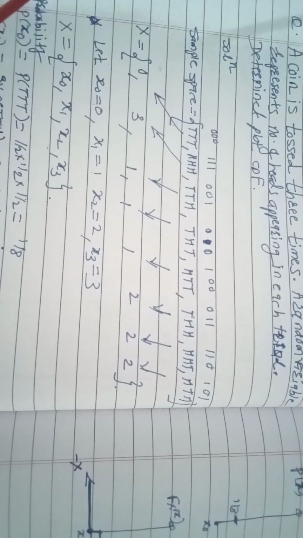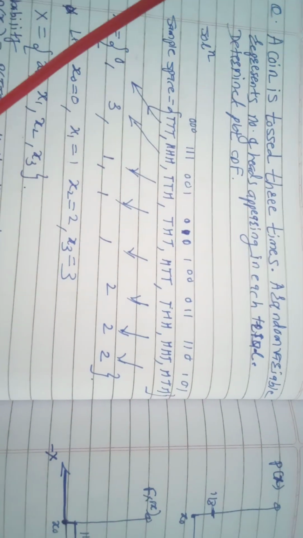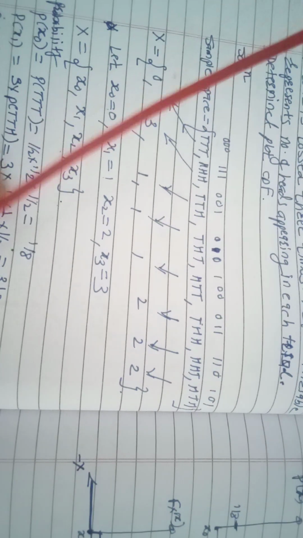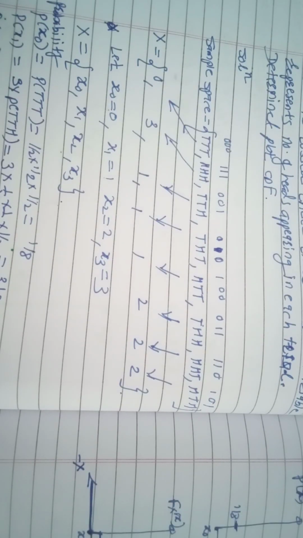Now this is up to the sample outcomes. Now what is the random variable? You have to count the number of heads. So the random variable is the number of heads appearing in each trial. That means if you toss a coin 3 times, how many heads appear?